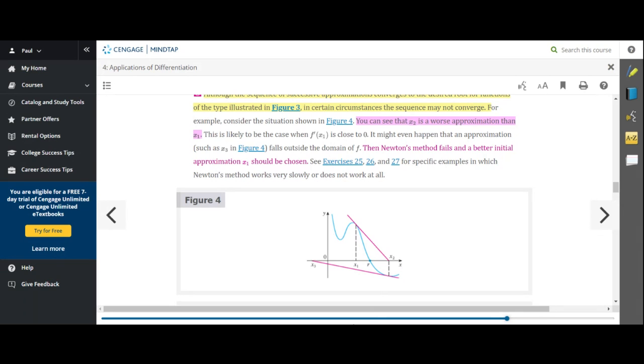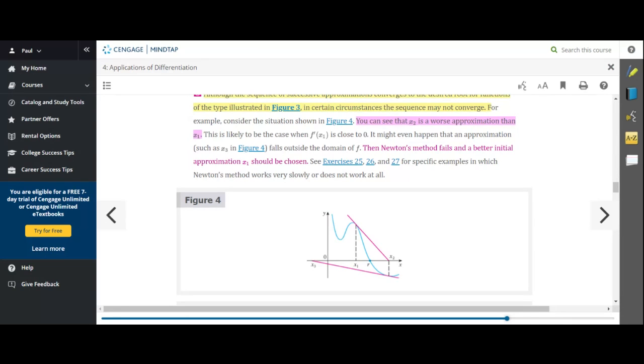In this case, Newton's method fails, and a better initial approximation should be chosen. So what caused the problem here? It has to do with the tangent line when x equals x2.